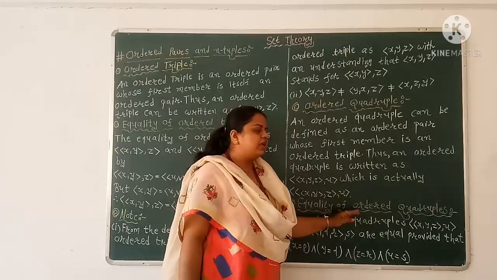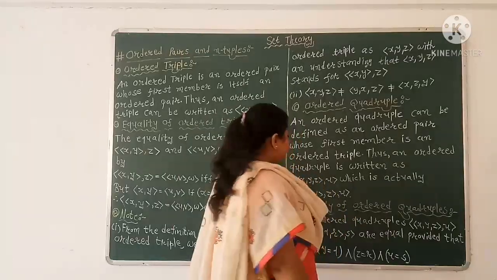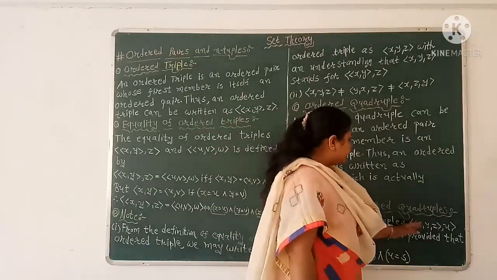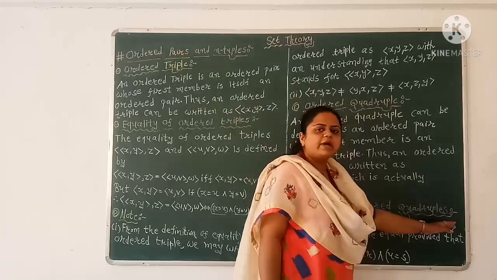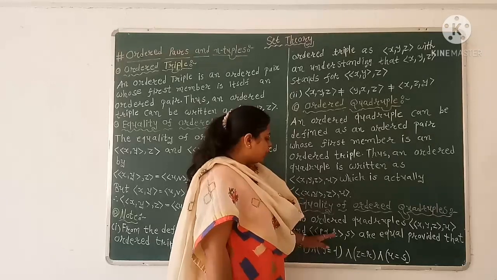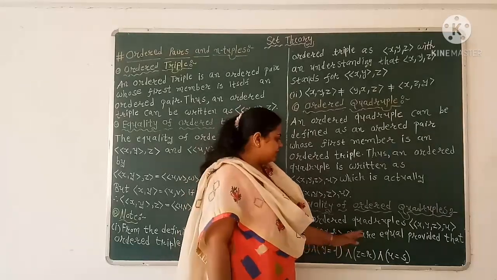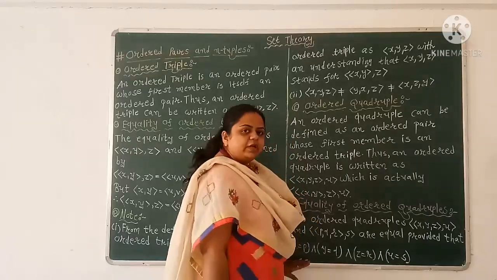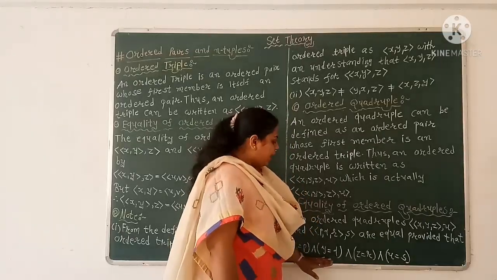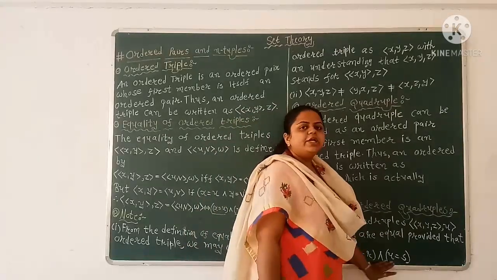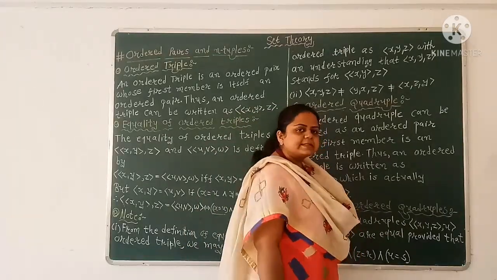Equality of ordered quadruples. Two ordered quadruples ((x, y, z), u) and ((p, q, r), s) are equal, provided that x equals p and y equals q and z equals r and u is equal to s.